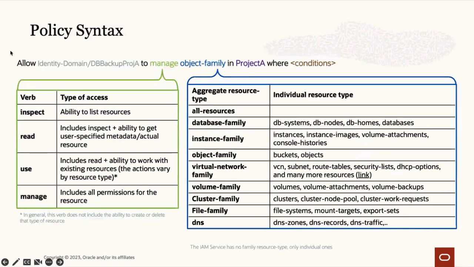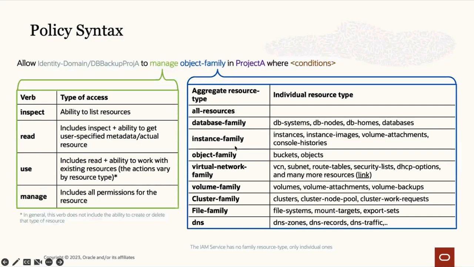So here we have an example of what policy syntax looks like. At the beginning, you have your identity domain and your group that you're targeting. And then you have your action verb that you'll need to specify. These are the different types of verbs you can use with different types of access for each. And then you'll also have to specify your resource type.